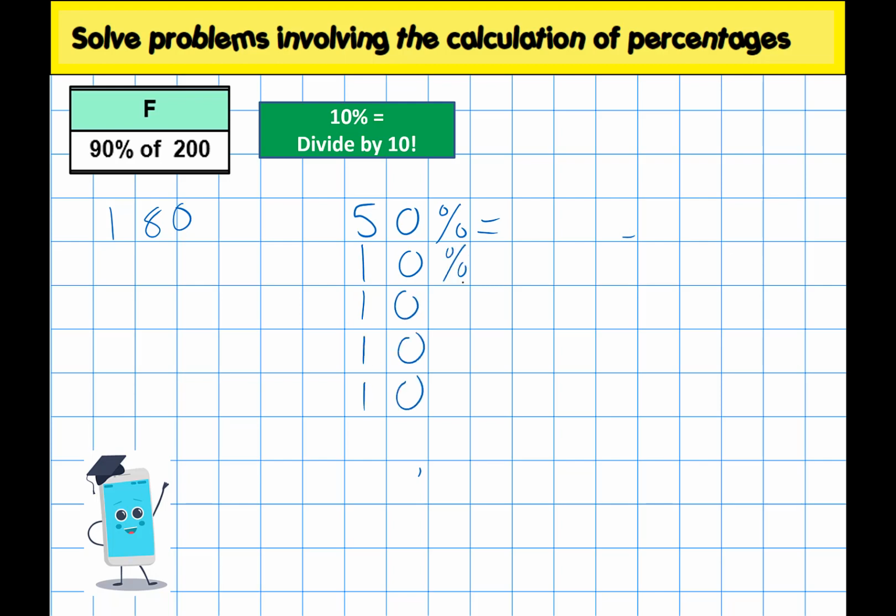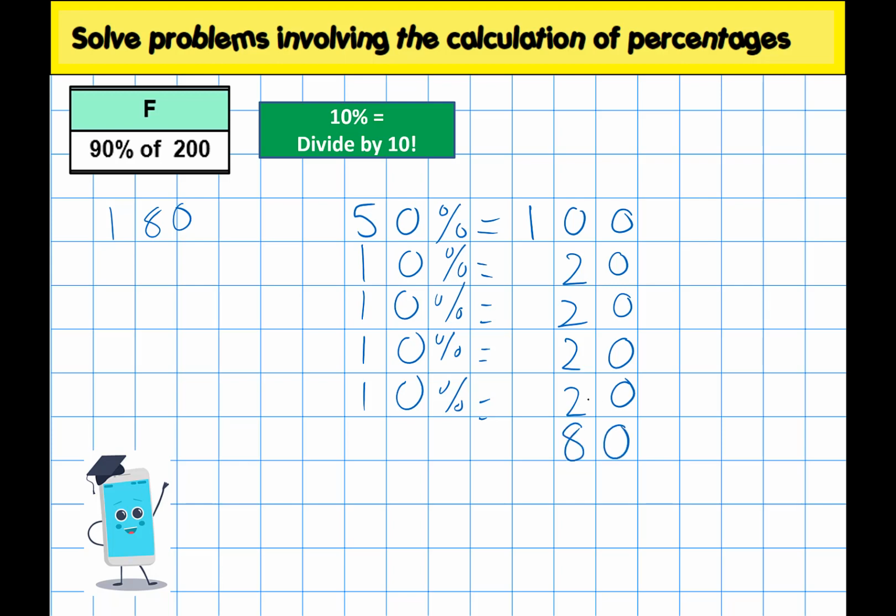You might have wanted to do 4 lots of 10%. 50% of 200, half of 200 is 100. 10% of 200 is 20. So these are all 20s. You might have wanted to do it like that. All of this adds up to 90. 20, 40, 60, 80, and 100. It all gets to the same answer.